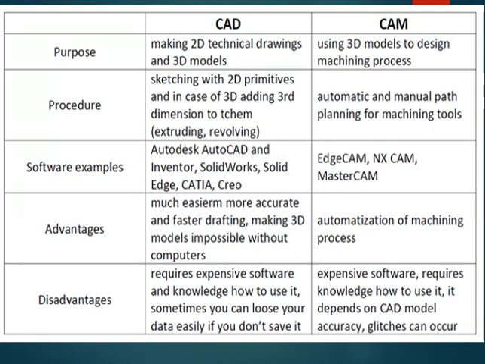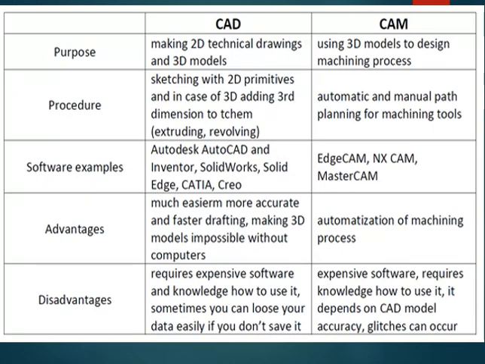What is the purpose? CAM uses the 3D model for the machining process. Here, the 3D models created by CAD are used for creating the machining process. So in CAD the diagrams are made, in CAM the diagrams are used.